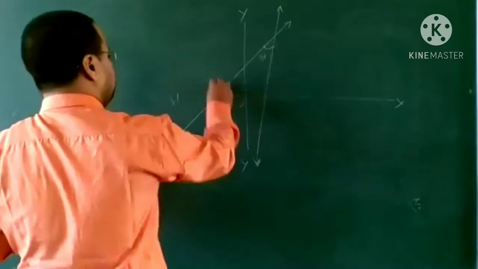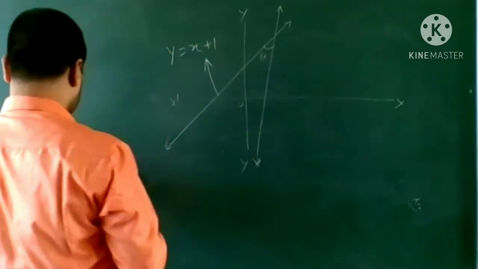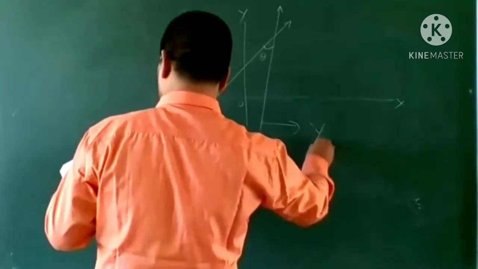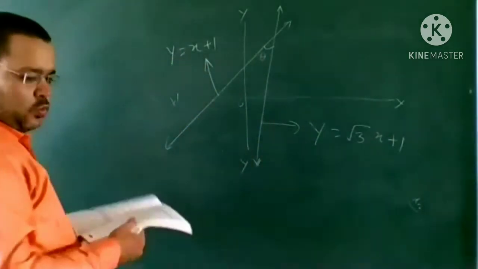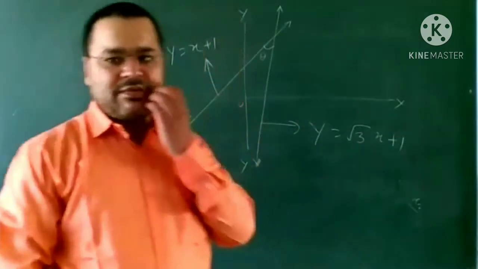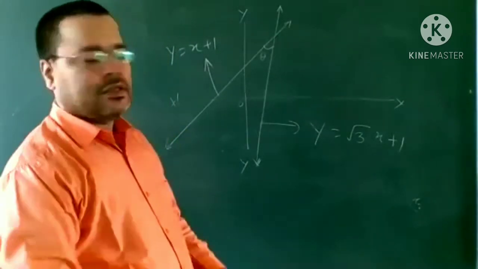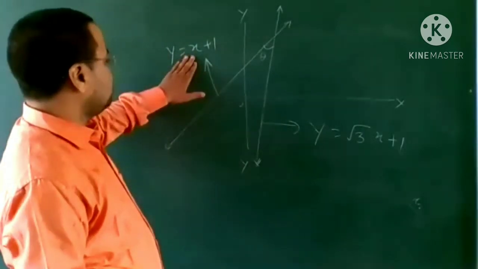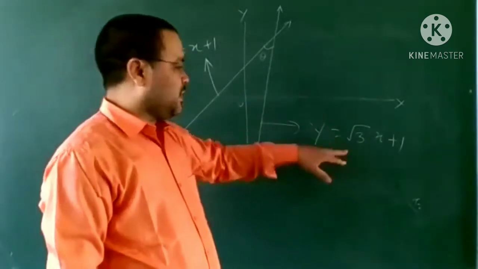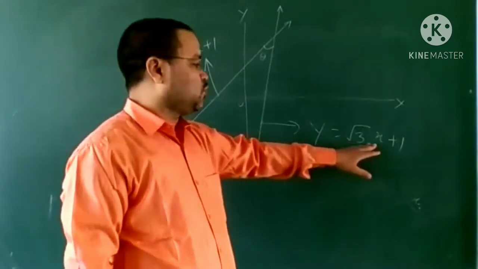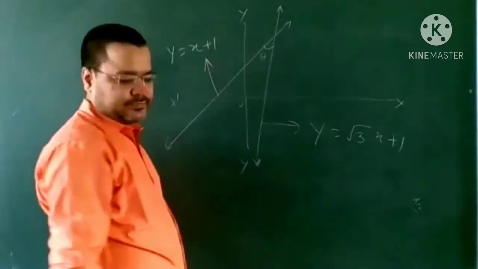The equation of the first line is y is equal to x plus 1, and the equation of the second line is y is equal to root 3 x plus 1. And we have to find this value, theta.